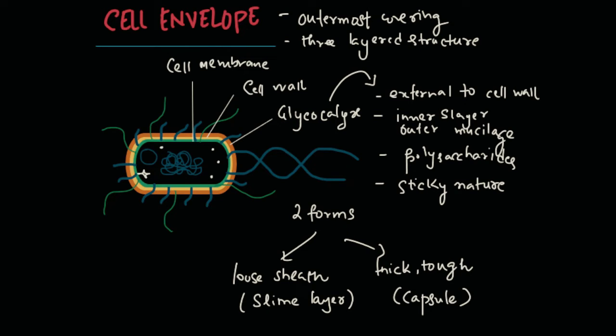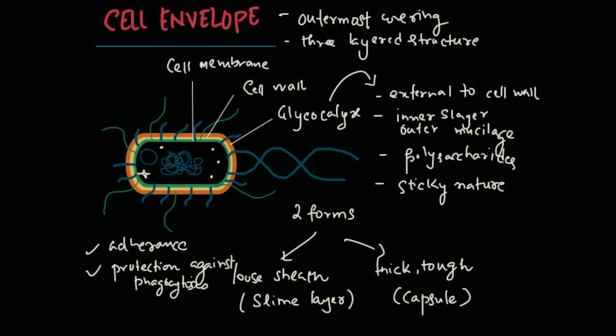There are many functions of glycocalyx. First one is adherence to surfaces. As we already saw, it contains a mucilage layer, a slime layer composed of polysaccharides, which gives a sticky nature to the prokaryotic cell and thus helps it to adhere to different surfaces. It gives protection to the cell against phagocytosis. Phagocytosis is a process by which another cell tries to engulf this cell.